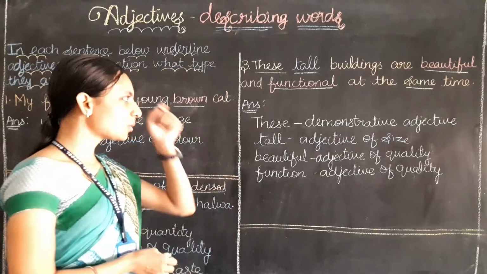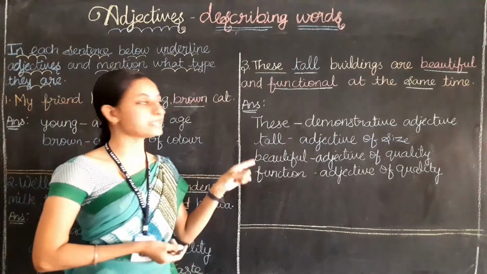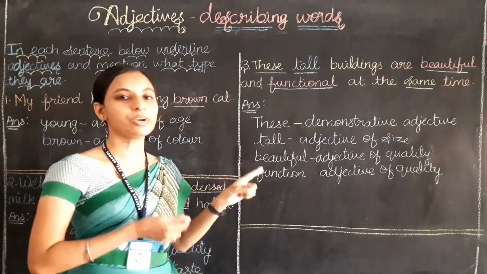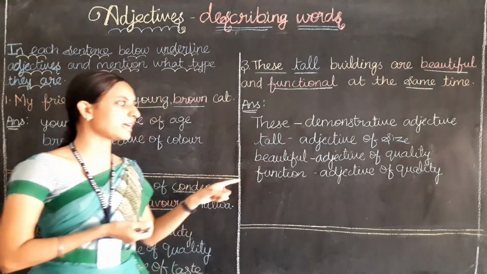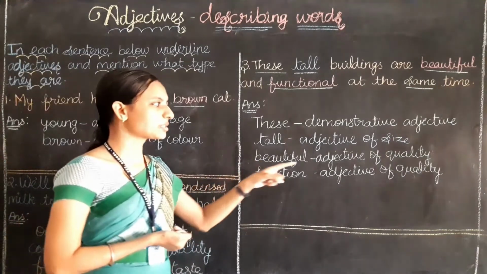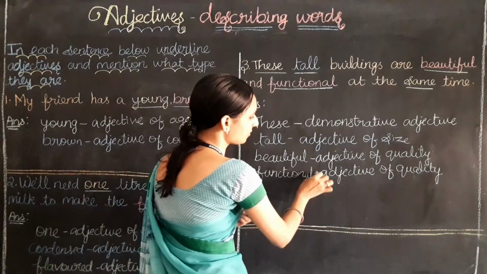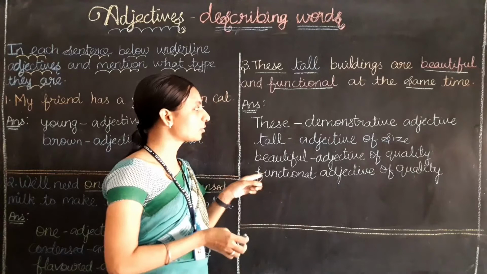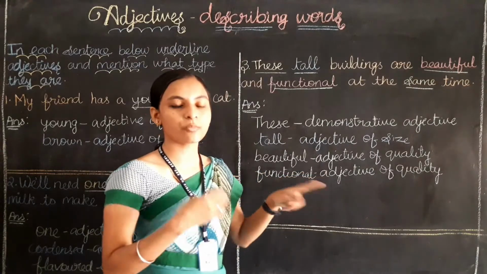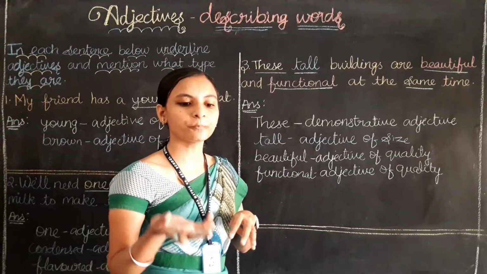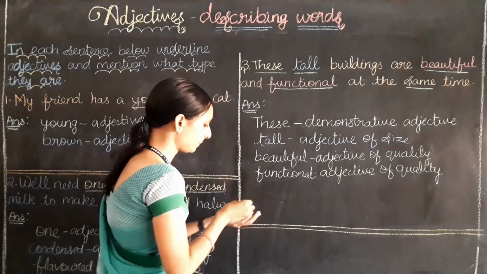Clear, children? So what is this? Yes, this is the demonstrative adjective. Tall is adjective of size and beautiful is the adjective of quality, and functional, I have written function only, so that's the mistake. So functional is the adjective of quality. And what is one more? Yes, one more will be same.